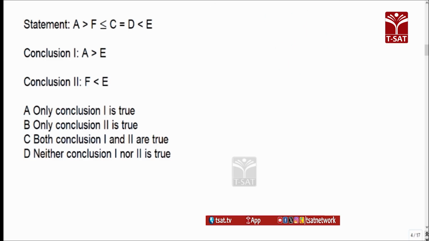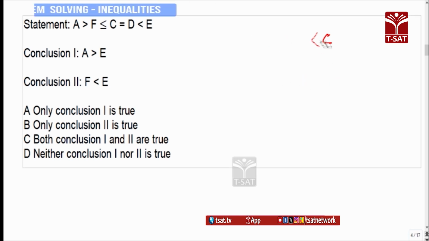If the statement is A is greater than B and B is less than C, can we take the conclusion A is greater than C? Will it follow? No, because A is greater than B, but C is also greater than B. So that is the reason this kind of conclusion can't be taken.